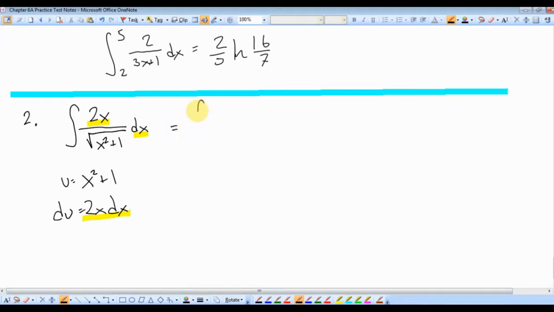So that's going to be equal to the antiderivative of du over u to the 1/2 power, which you can simplify as antiderivative of u to the negative 1/2 du.